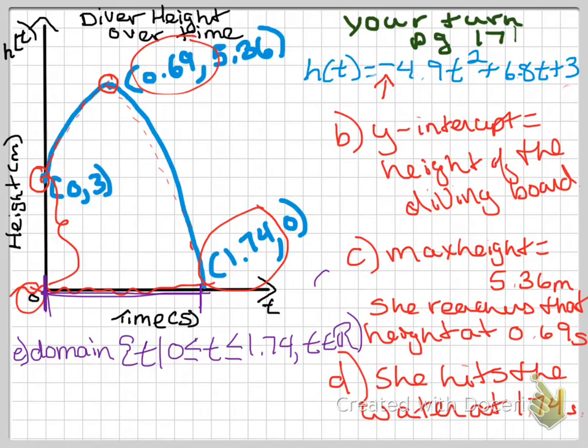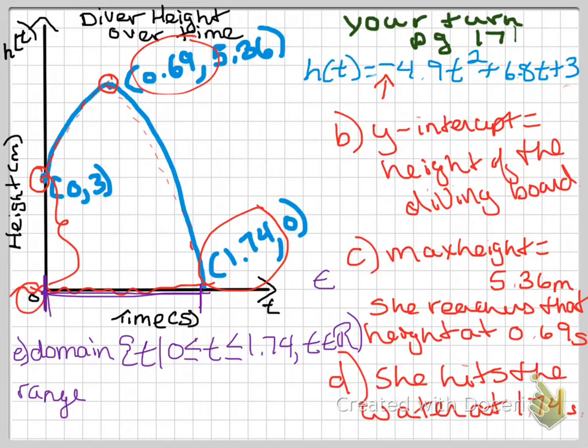Remember that our little e symbol is an element of, and we can say that as any real number, an R for real numbers. Okay, and then our range is all our possible values for h of t, so our y values.